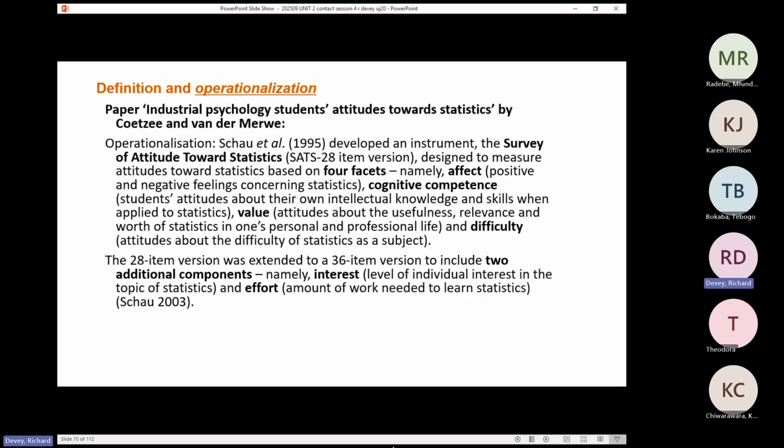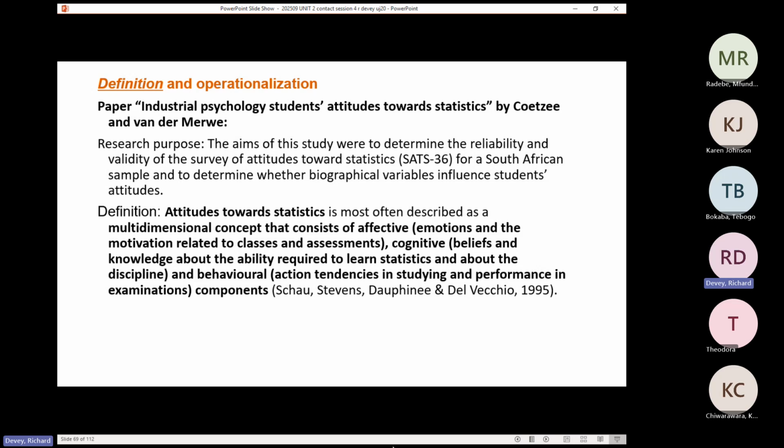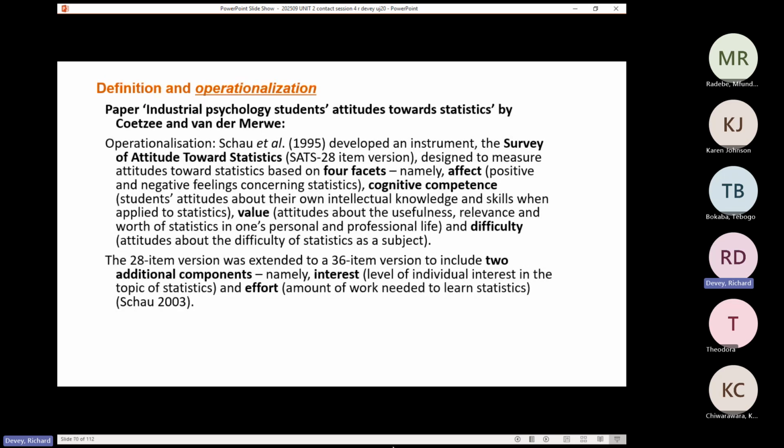And then they operationalize the instrument by using items. There are four facets. This is a slightly different version, continuing on, but they're now using affect, cognitive competence, value, and difficulty.